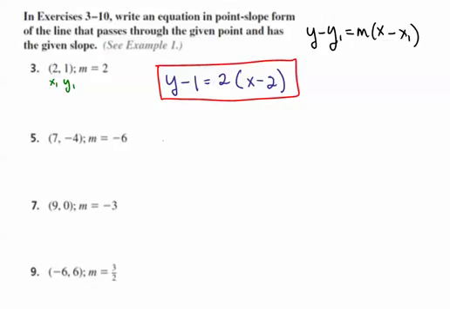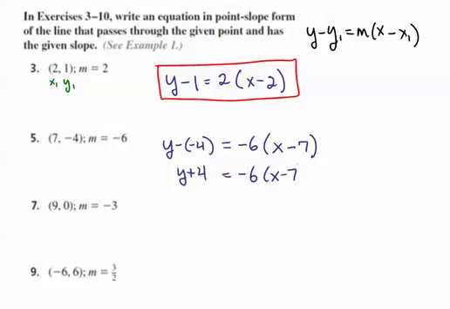So the next example, y minus the y1, which is negative 4, equals m, given to us as negative 6, times the quantity x minus x1, which is 7. Y minus negative 4 is y plus 4 equal to negative 6 times x minus 7, and that is all we need to do to write an equation in point-slope form.